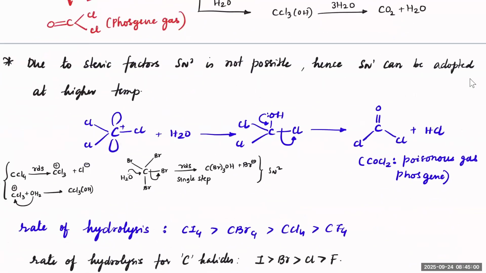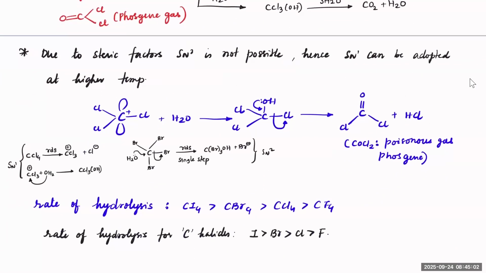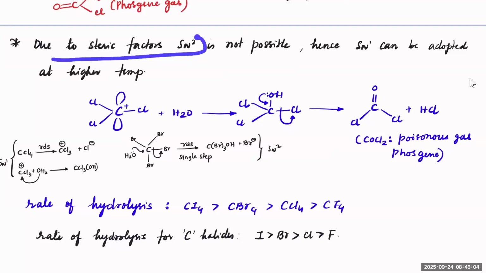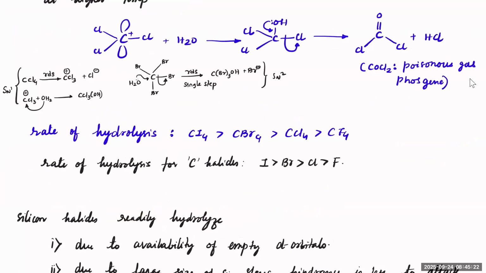Now, see, due to steric factors SN2 is not possible. Hence, SN1 is mostly adopted in these conditions, which means first Cl minus will leave. This is the rate determining step. And after Cl is gone, water will attack on it. Afterwards, chlorine will be removed. That's how phosgene gas is observed. Clear?